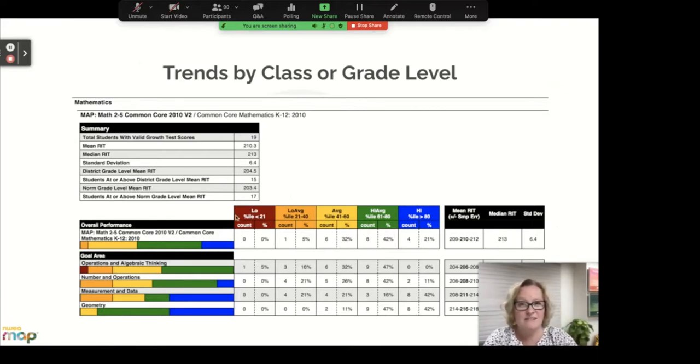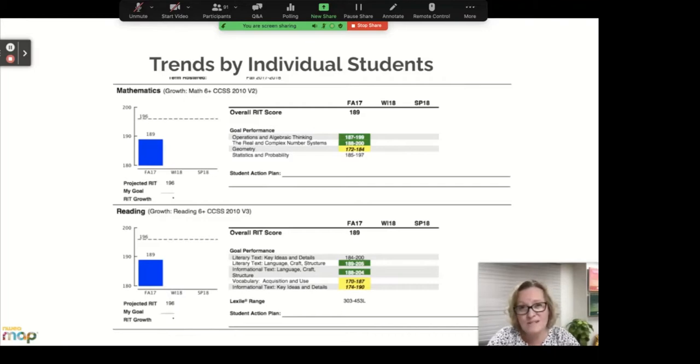You'll see, for example, that we can break math down into 4 different goal areas: operations and algebraic thinking, numbers and operations, measurement and data, and geometry. We can then see which areas to target, which areas are strengths, and which areas are growth for students and for classes. We'll also see this data for individual students.